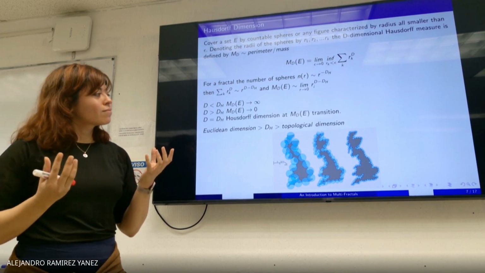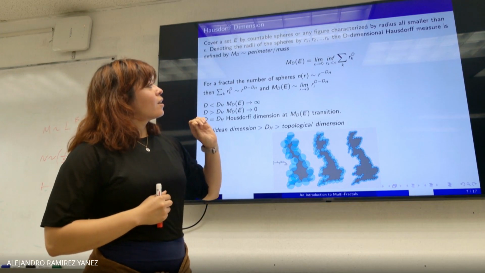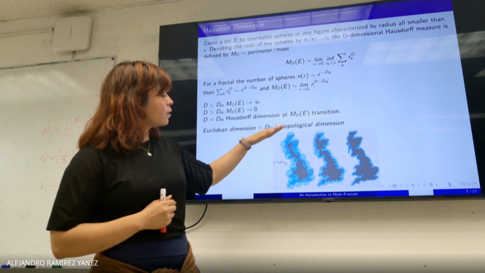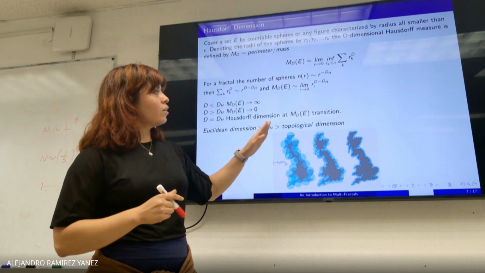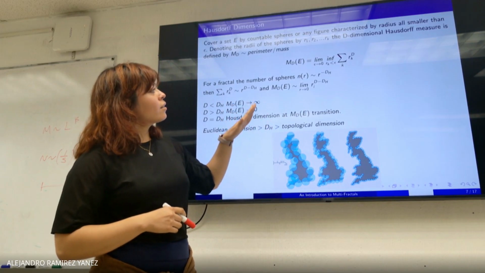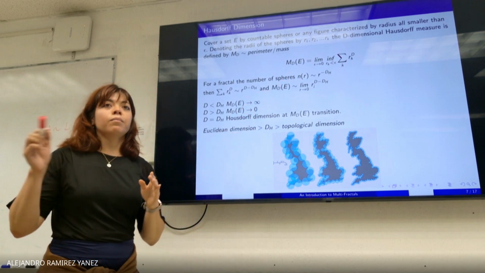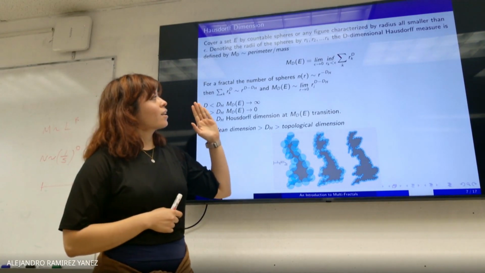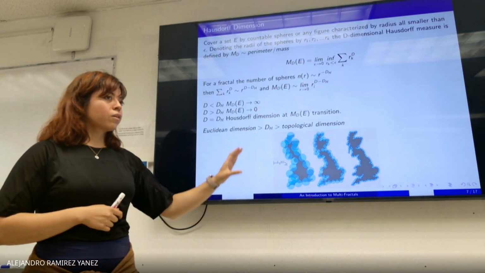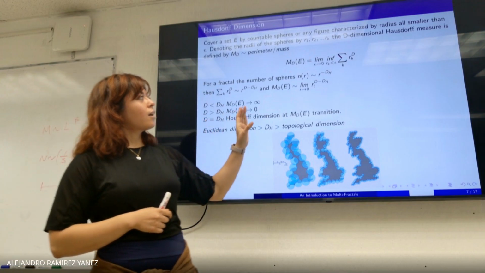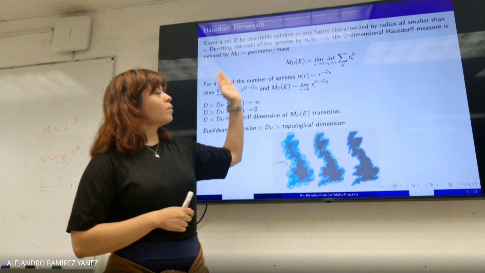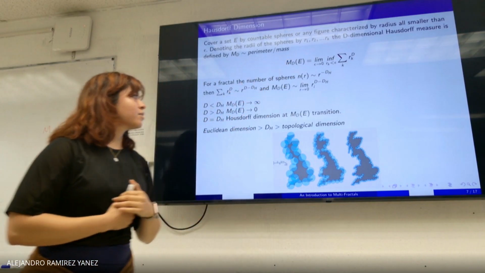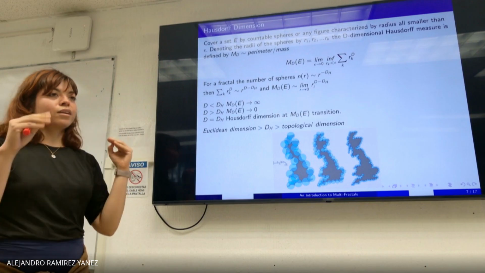Now, the sum of these, once you cover with many of these figures, should give you something like the perimeter of your fractal. Then you search for the smallest path you can take for covering it. And once you find it, you take the limit of your radii tending to 0. So here epsilon is the diameter of the circle.